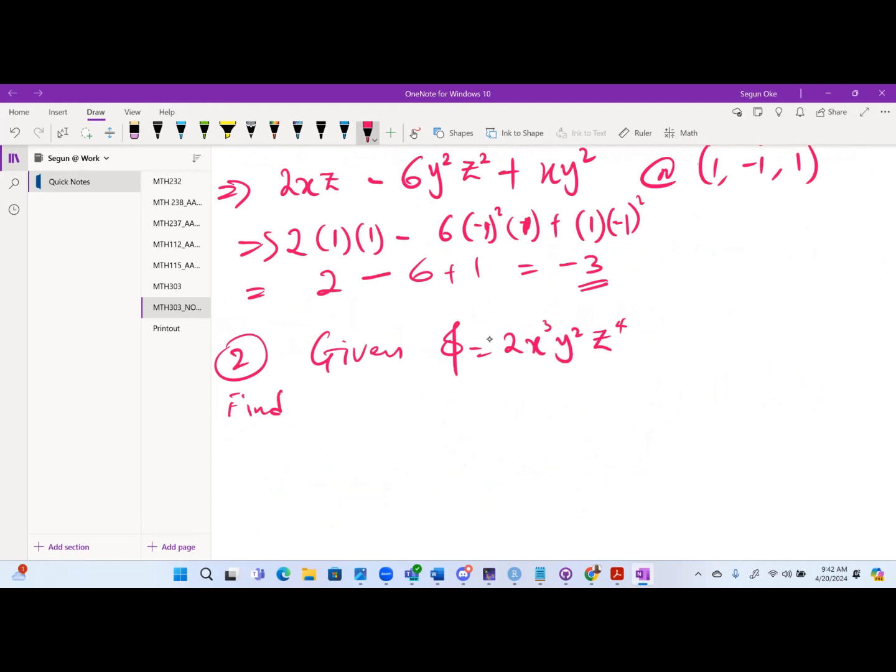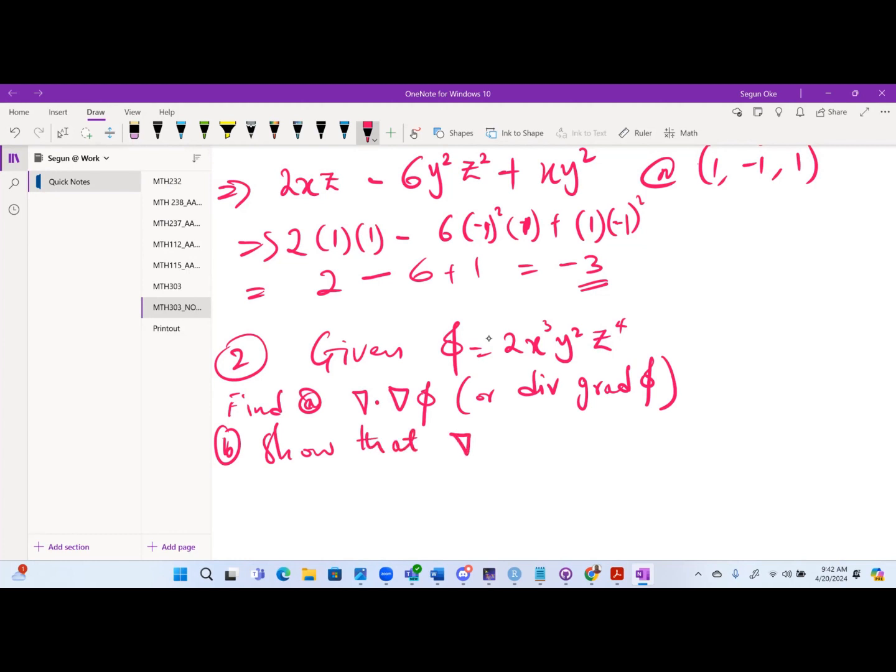Find A, del dot del phi, or div grad phi. B, show that del dot del phi is equal to del squared phi.